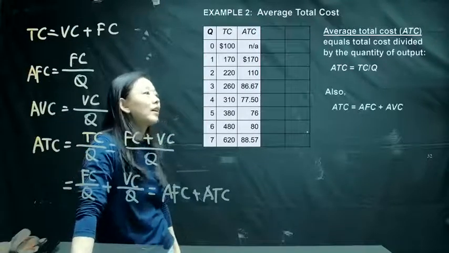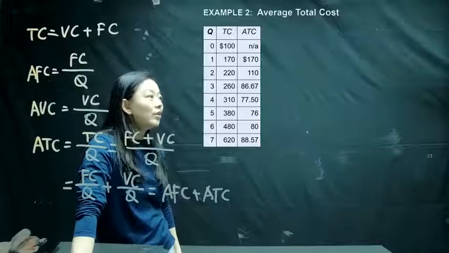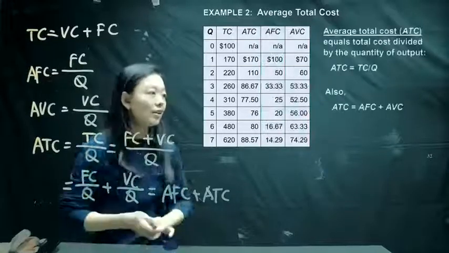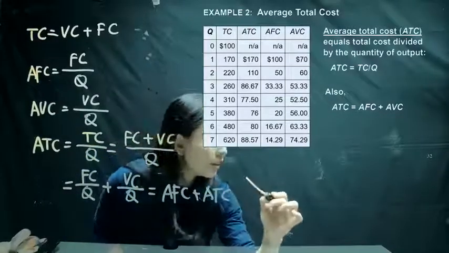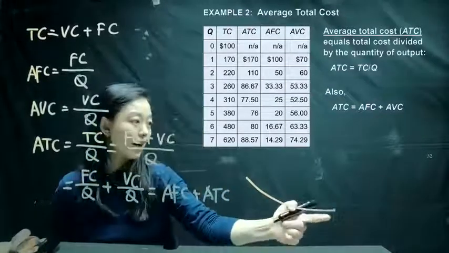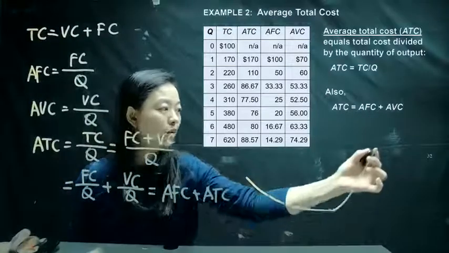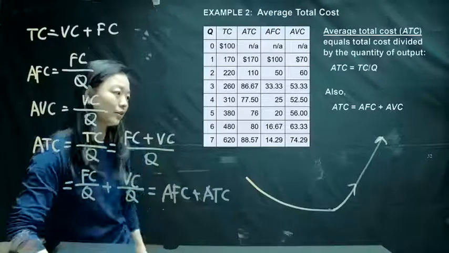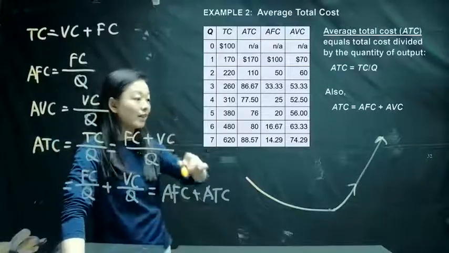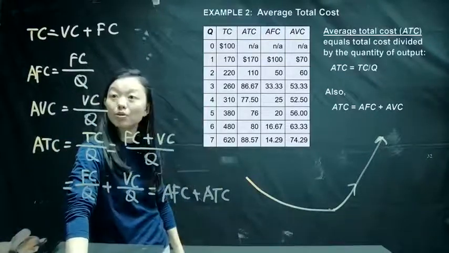So for the average total cost curve, it will decrease to the bottom and then increase again, eventually. So we can see here the average total cost curve is also U-shaped.